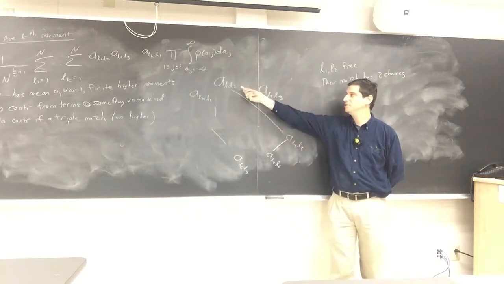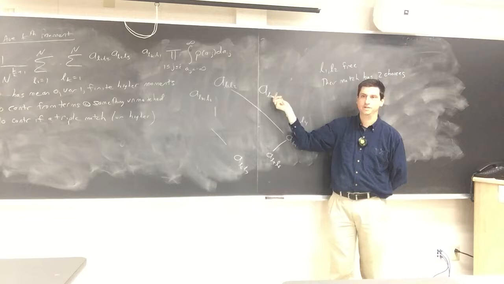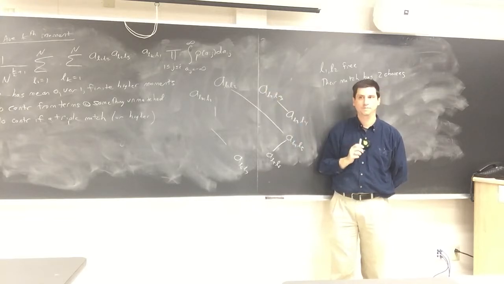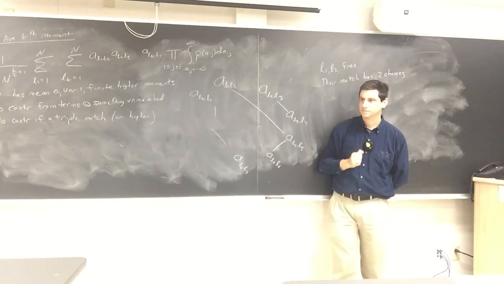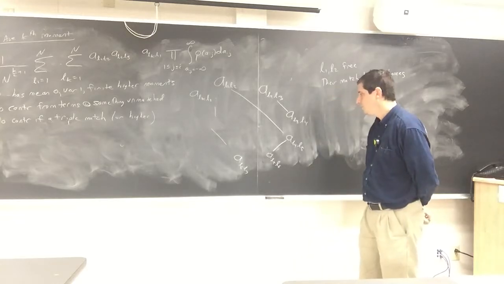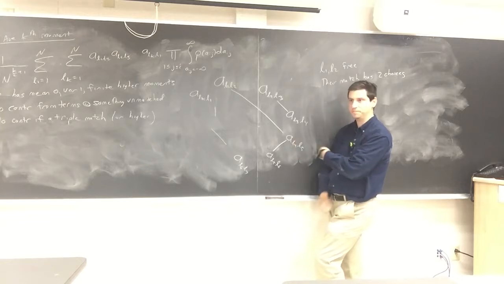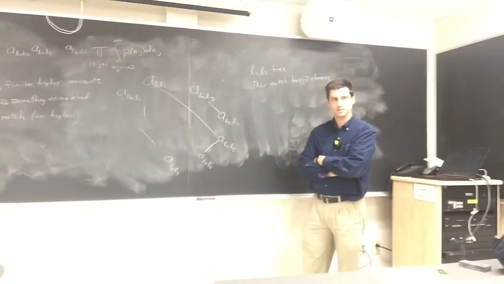Now it's possible I could have matched L1, L2 with L2, L3. Well, if I match it with L2, L3, then L3 has to equal L1. And so the 2 choices are L1, L2, L2, L1. Right, L4, L5 can either be L1, L2, or can be L2, L1. Then you have 2 choices.